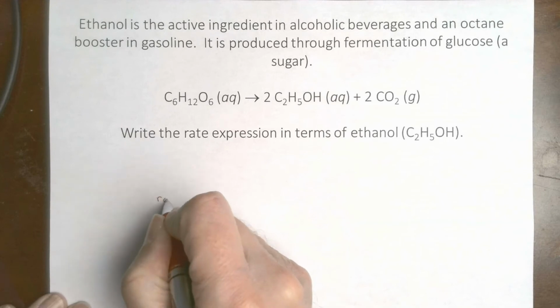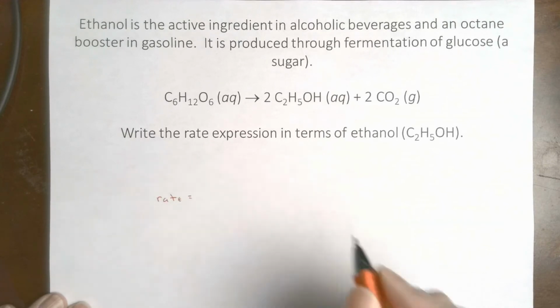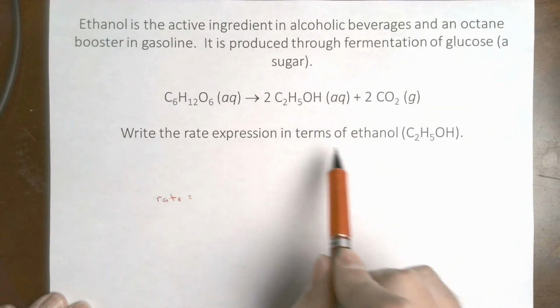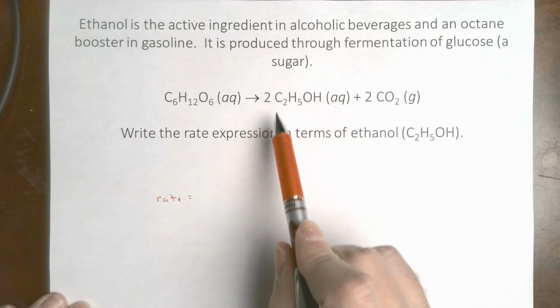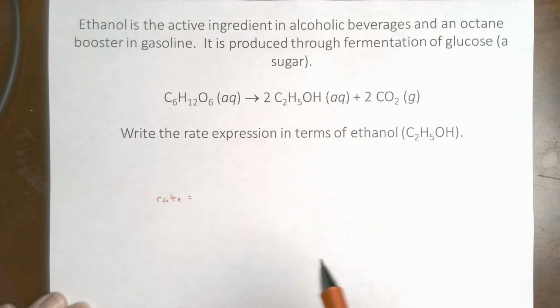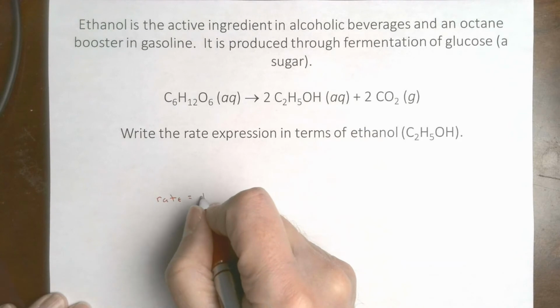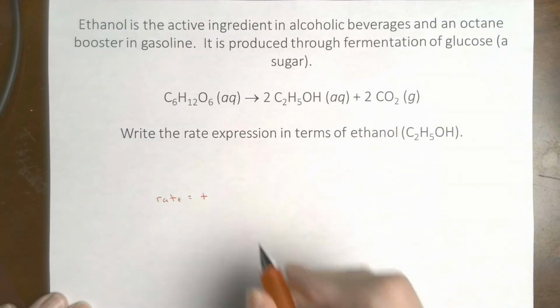So the rate of this reaction, C2H5OH, ethanol, is a product. Products are appearing, so it's going to be positive.